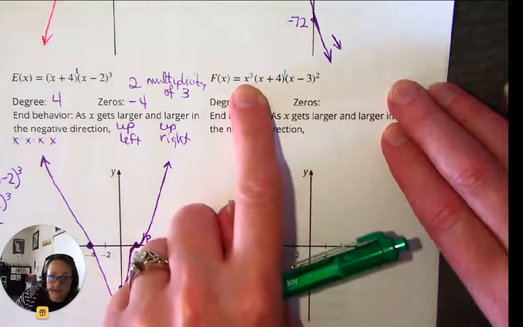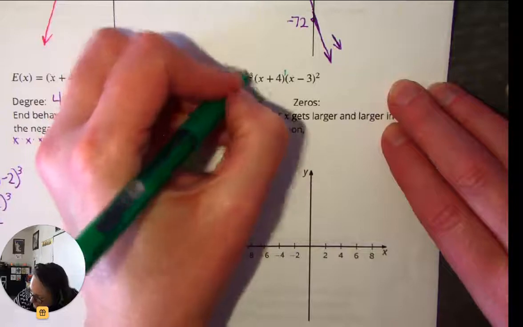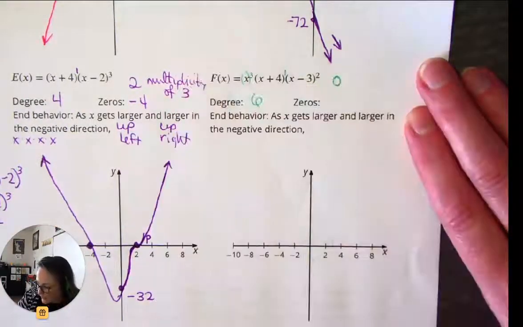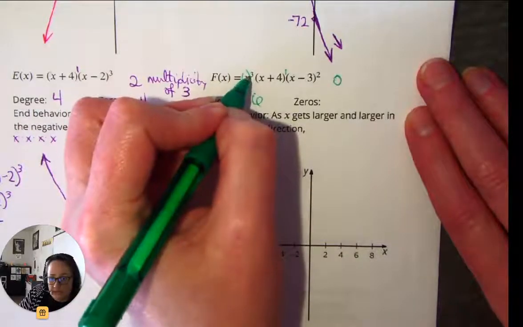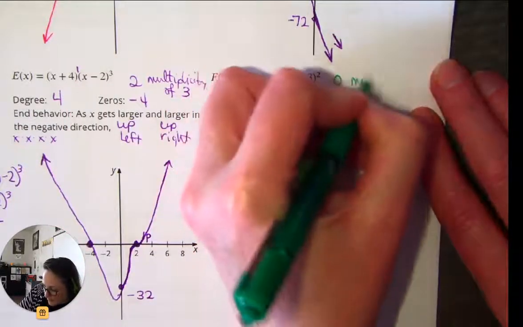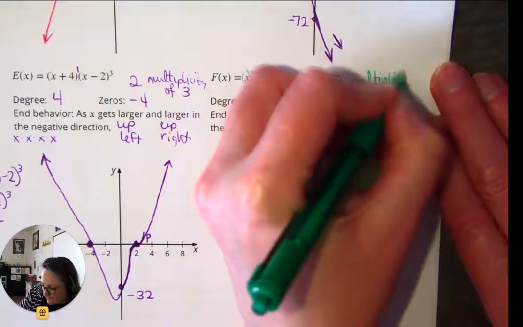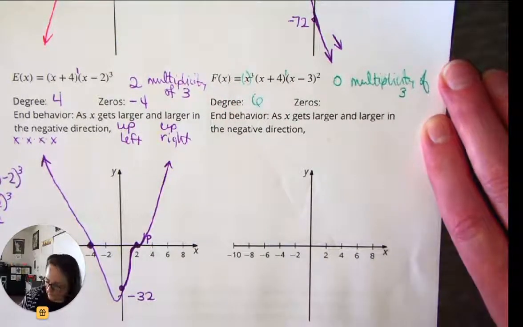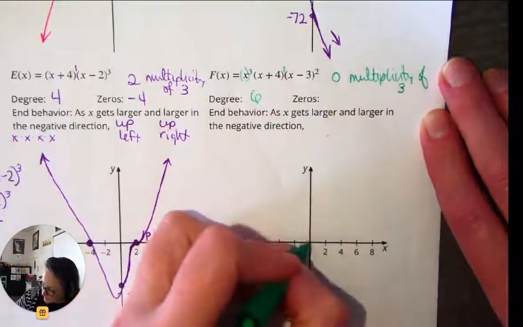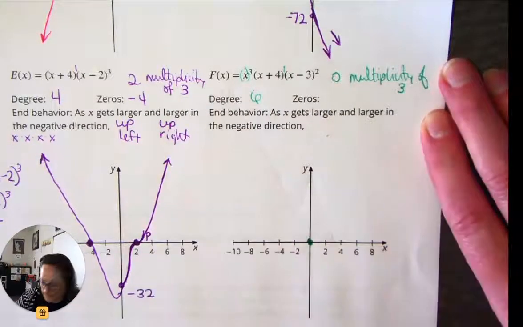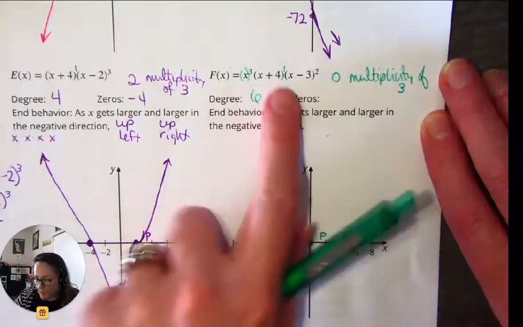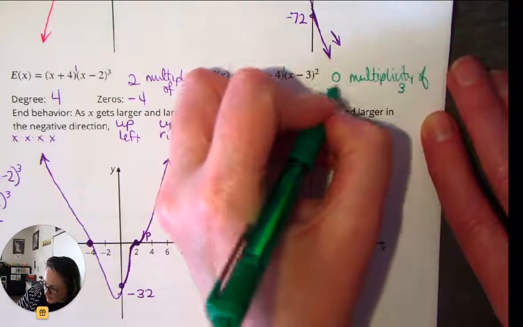I see our first factor, that x by itself is telling me that I have a 0 at 0 with a multiplicity of 3. So a 0 here at 0 with a pause happening. I have a 0 at -4. It's got a multiplicity of 1.